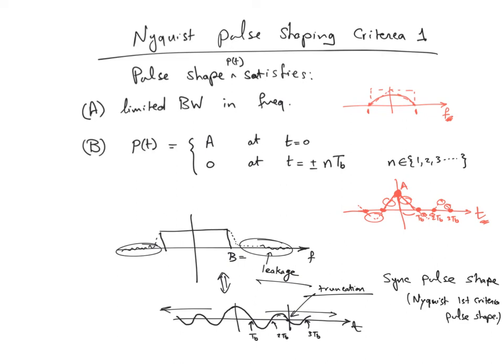The kind of question that you can get in this case is: just find the pulse shape for a 3 megabits per second transmission system.